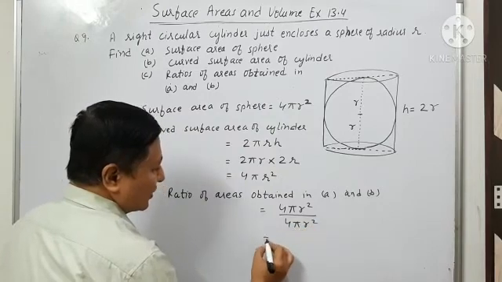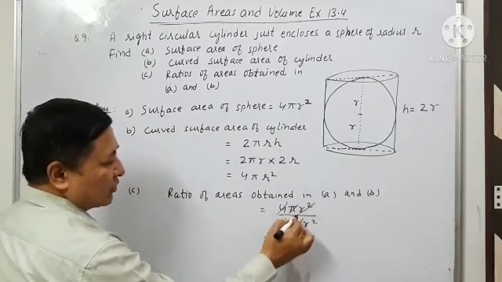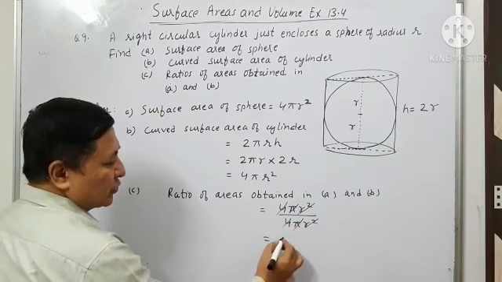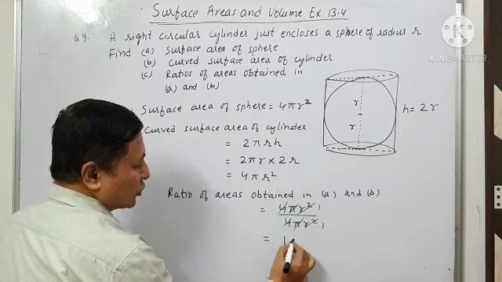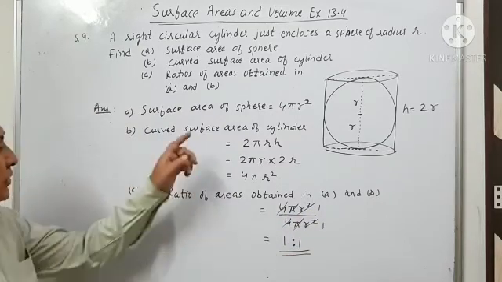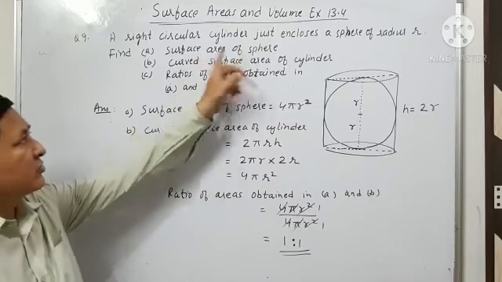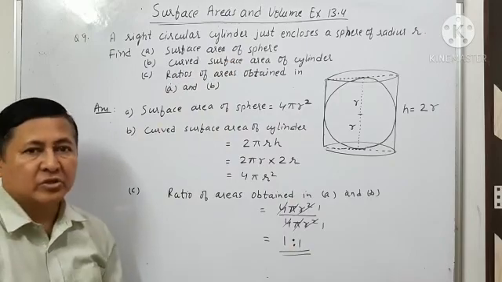So now let us solve this. 4 will cancel with this 4, pi will cancel with this pi, r square will cancel with this r square. So what we get? 1 upon 1. So that is 1:1. So we can say that the ratio of surface area of sphere to that of curved surface area of cylinder is 1:1.